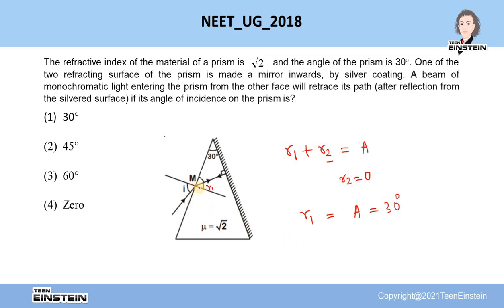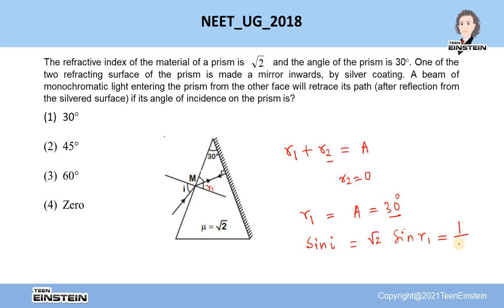Now if we apply Snell's law at this surface, then we will easily get the angle of incidence I. So sin I is equal to √2 into sin R1. So sin R1, see R1 is 30 degrees, so it will give you half.